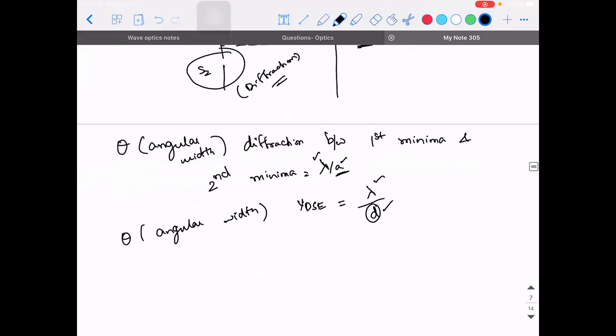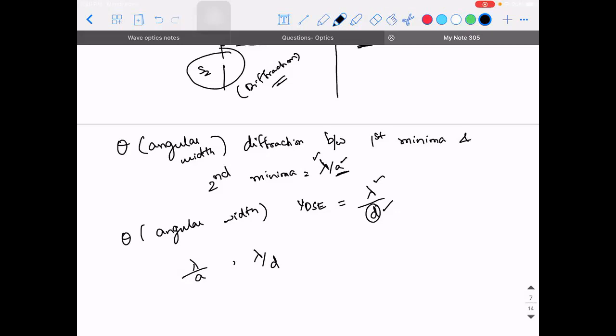Now what we can do is lambda divided by a and lambda divided by d. In both the cases, the same green light is being used. But remember one thing, though diffraction will take place in every case, the diffraction should take place in such a way that it should support the interference that is taking place.